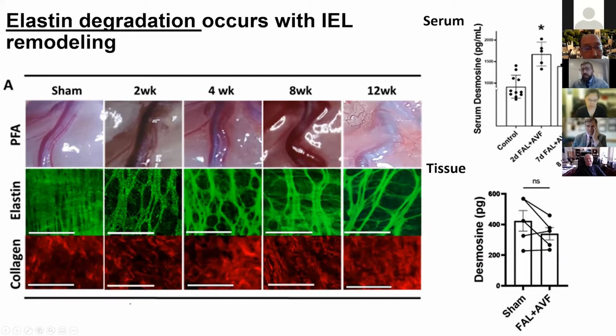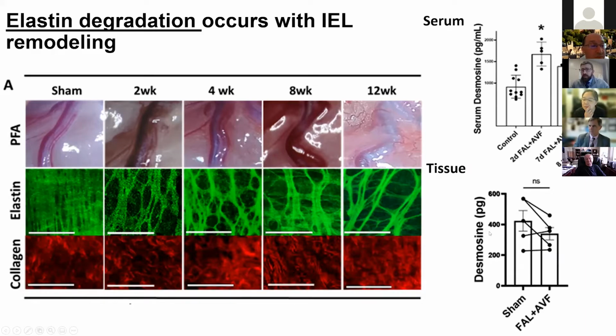Notably, when we looked at evidence of elastic degradation within this model of arteriogenesis, we certainly saw evidence that elastin was being proteolytically degraded, with spikes in serum desmosine evident in the first 7 days that sort of falls back to baseline.